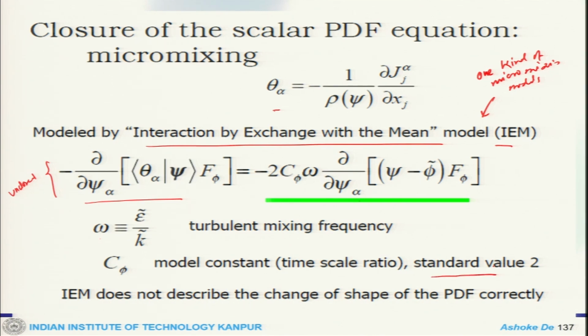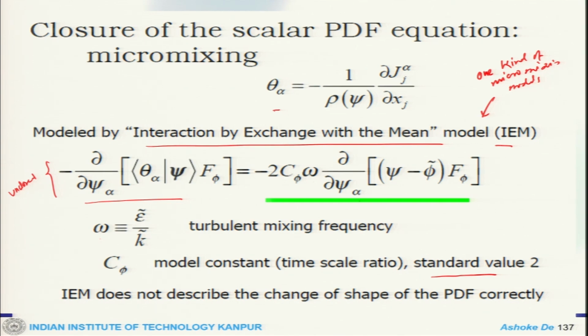So, for a wide range of flows this works fine, but obviously it also needs some tuning when there is a change in time scale. That means, for flows which are kinetically controlled, one has to tweak this parameter a bit to take that into account.